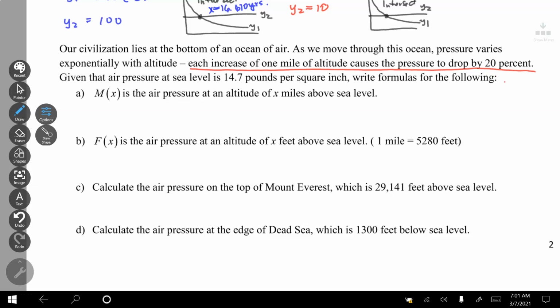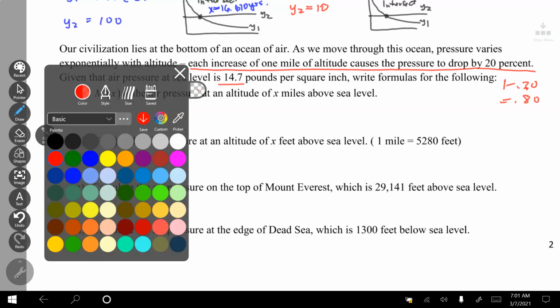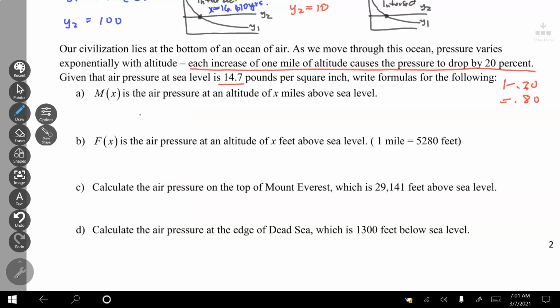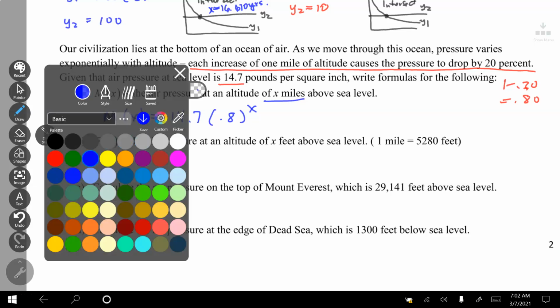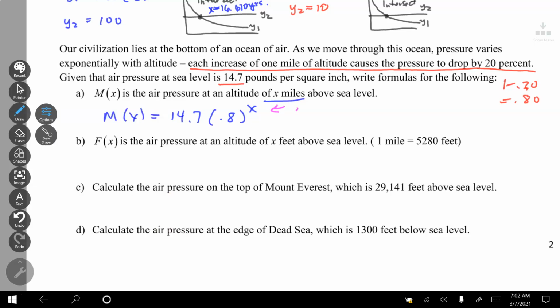Well, losing would be 1 minus 20%, which would be my 0.8. At sea level, or the initial value, I have 14.7, so when I use miles, m of x is equal to 14.7 times 0.8 raised to the x. This x stands for miles.